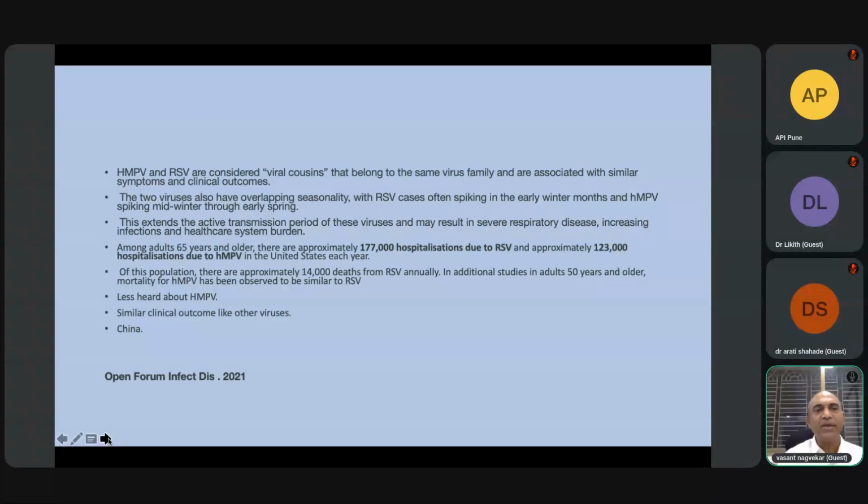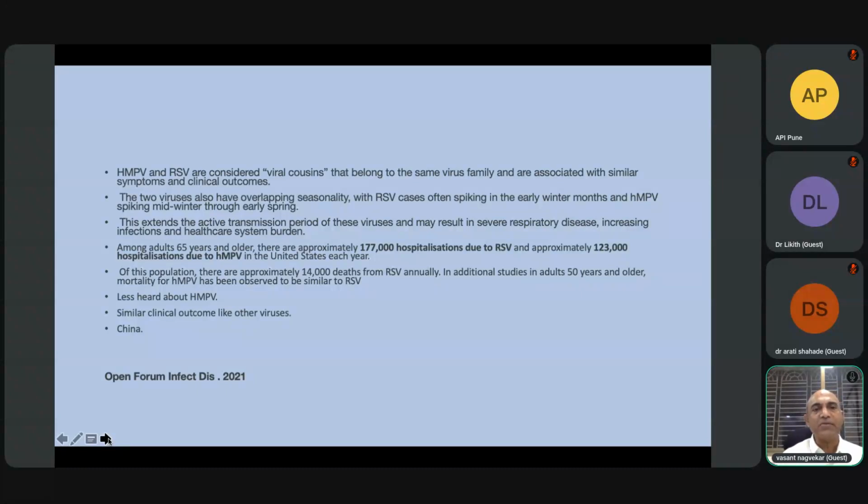So human metapneumovirus and RSV are considered viral cousins, because they are almost similar in structure, belong to the same virus family, and are associated with similar symptoms and clinical outcomes. Though they are slightly different, they have similar clinical outcomes and symptoms.